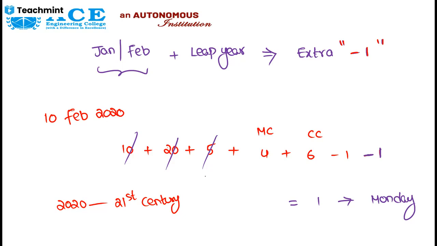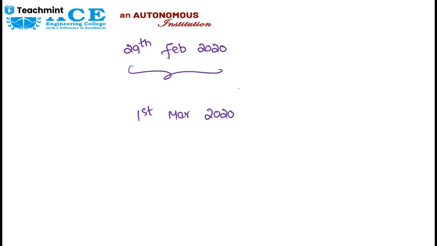Some of you again posted a worry question: sir, if it is 29th February 2020, what about it? Do I have to subtract -1 or not? Why that confusion? Better you calculate 1st March 2020, and then the previous day is 29th February.